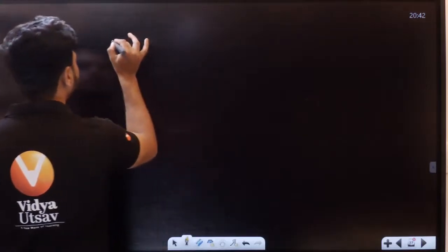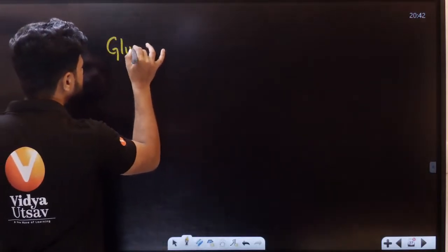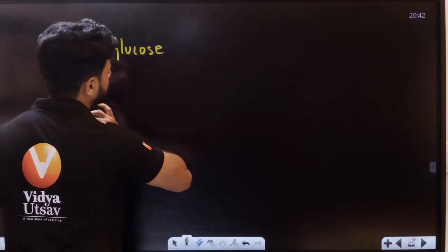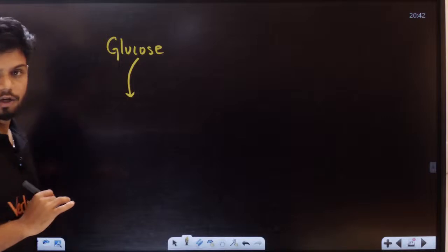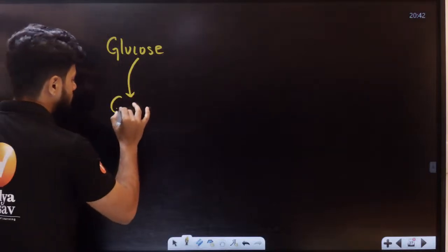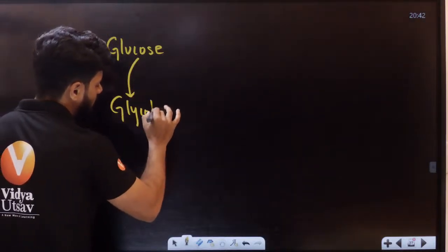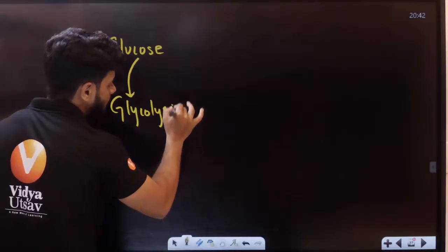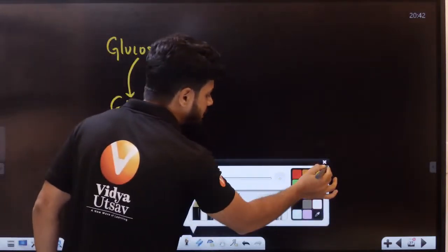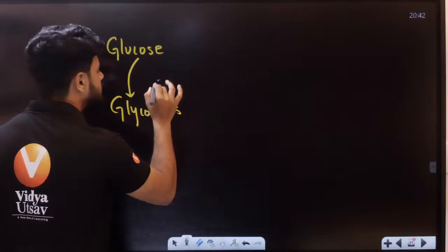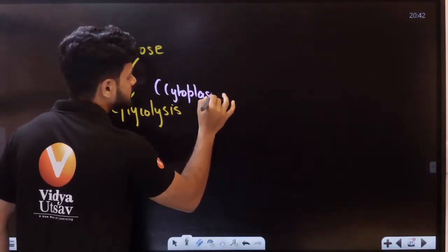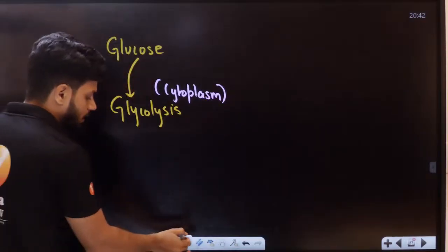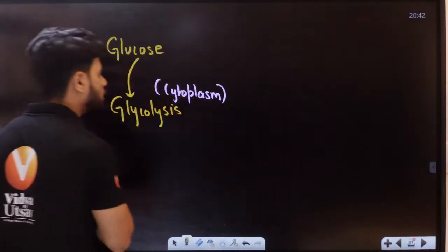The entire respiration starts with, let's say, a glucose here. Now this glucose enters a pathway called glycolysis. And this entire glycolysis takes place in the cytoplasm. Now, after glycolysis, what do we get?